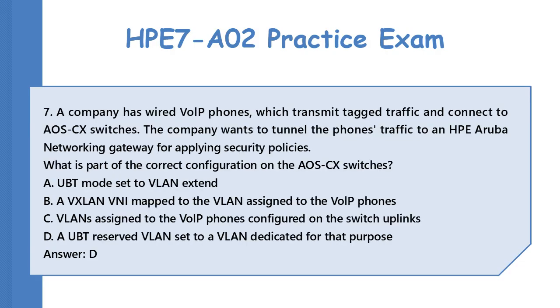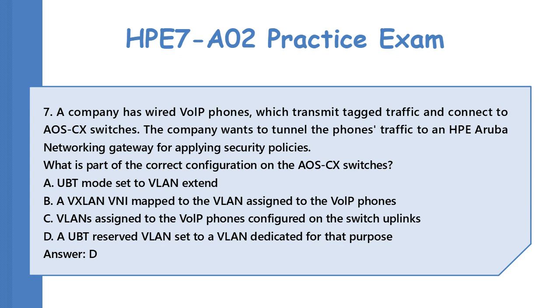7. A company has wired VoIP phones, which transmit tagged traffic and connect to AOS-CX switches. The company wants to tunnel the phone's traffic to an HPE Aruba networking gateway for applying security policies. What is part of the correct configuration on the AOS-CX switches?